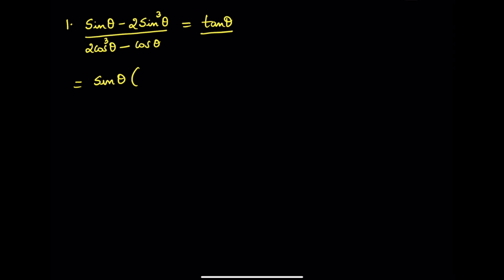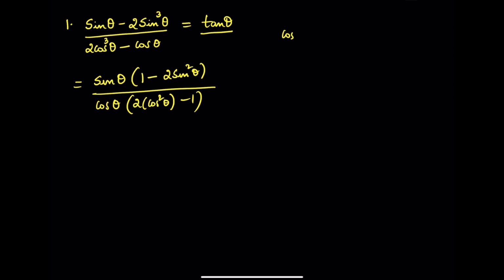Let's take sin θ as common in the numerator. This will be sin θ times (1 − 2 sin² θ), divided by, in the denominator, cos θ times (2 cos² θ − 1).